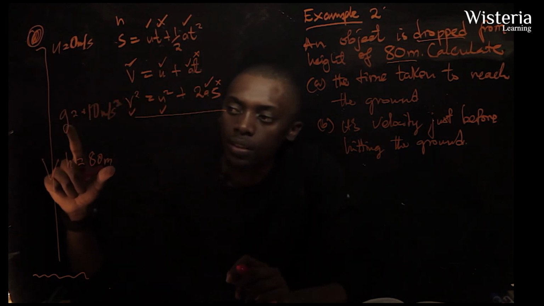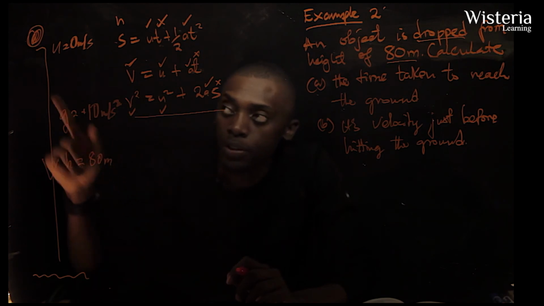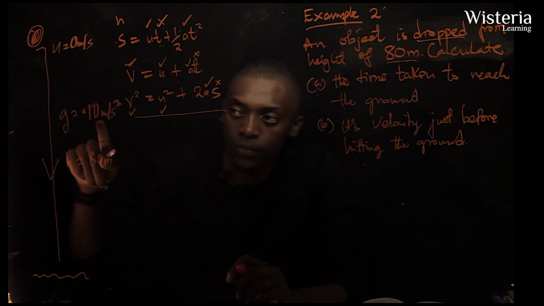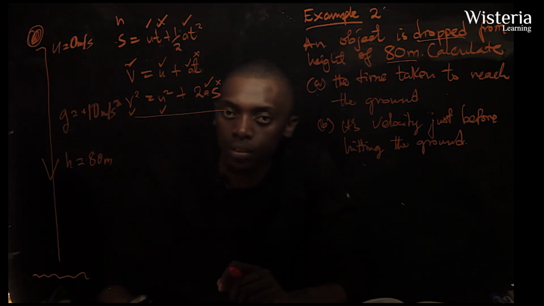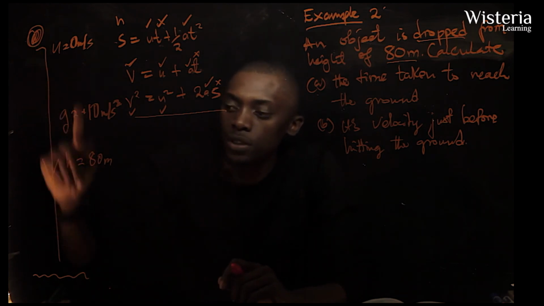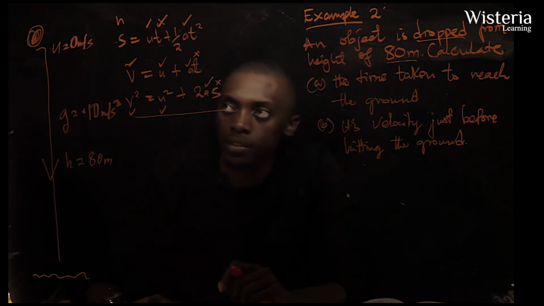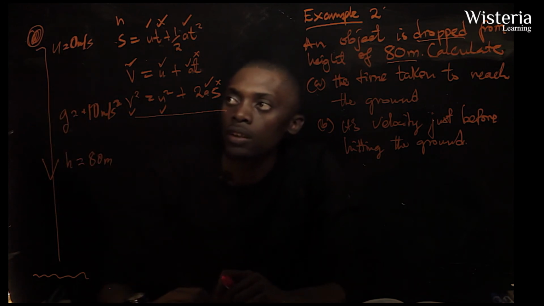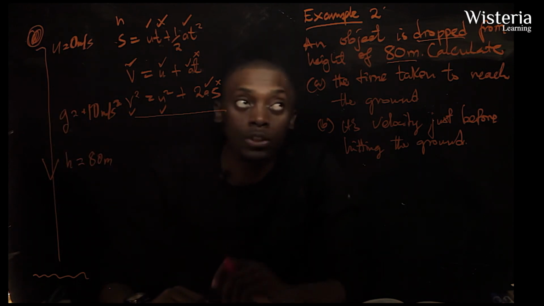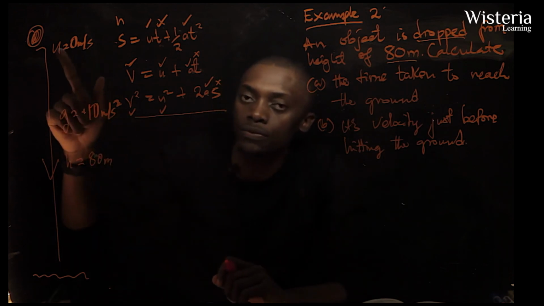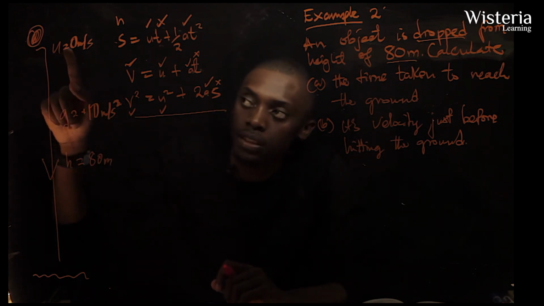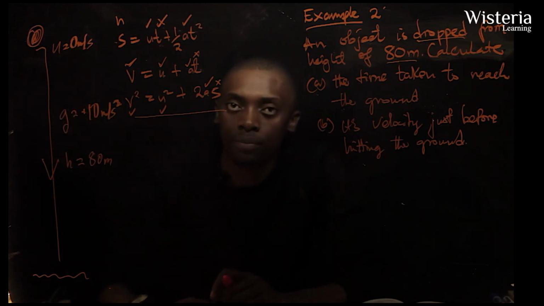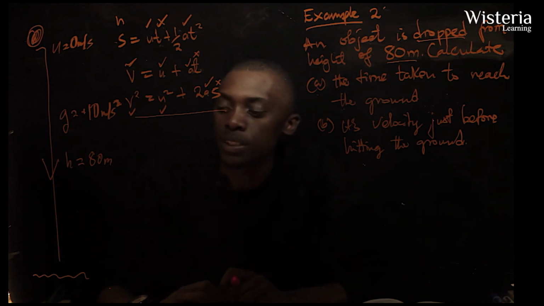So the acceleration due to gravity experienced by this object is positive 10 meters per second squared, the height fallen is 80 meters, and the initial velocity it's been dropped with, from free fall, since it's been released, is 0 meters per second.